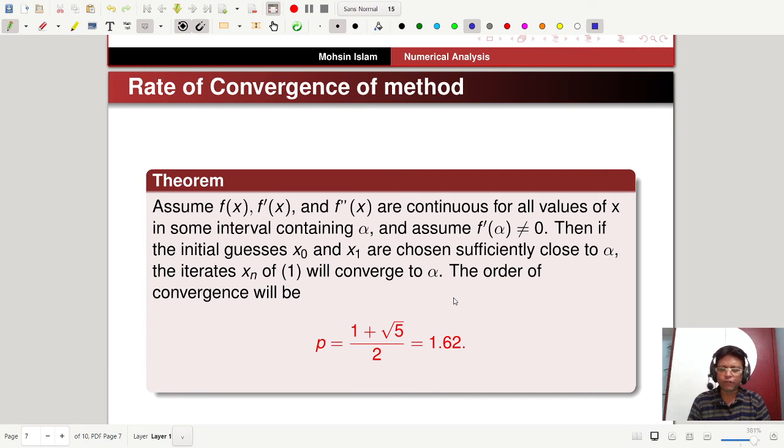The order of convergence, which you can calculate easily using the Taylor series expansion technique, is 1.62, more than 1 but less than 2. So it is very fast convergence, but not as fast as the Newton-Raphson method.